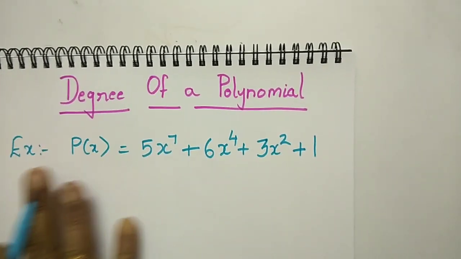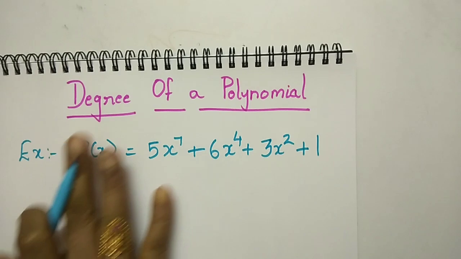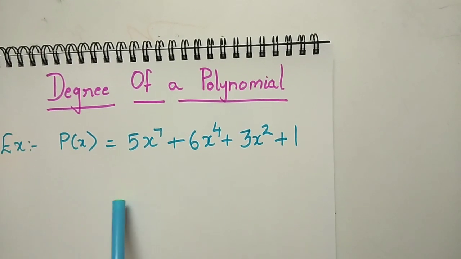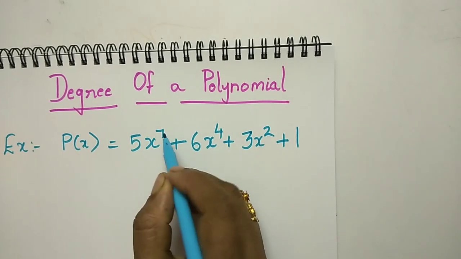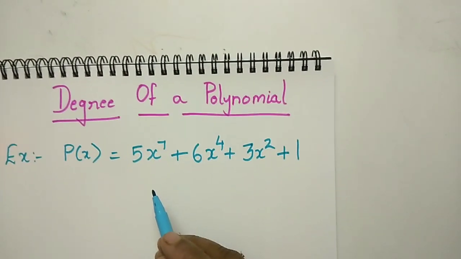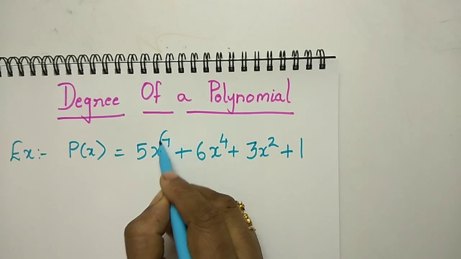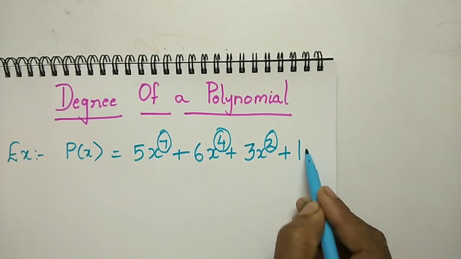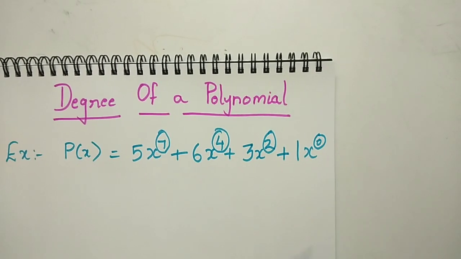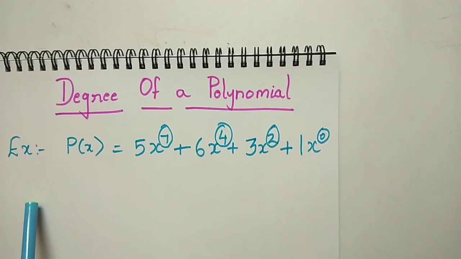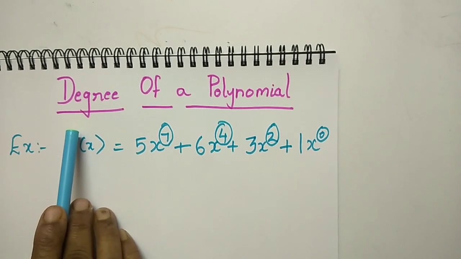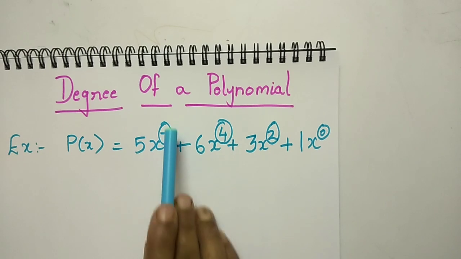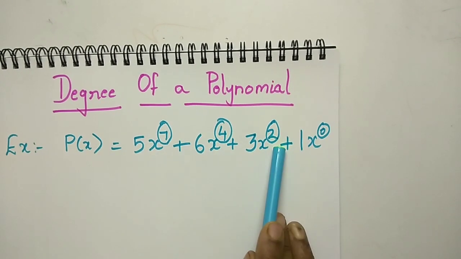When you see that they asked to find the degree of a polynomial, then immediately your eyes must look at the powers of the variable.